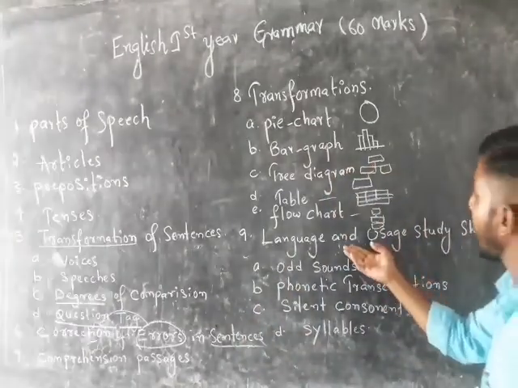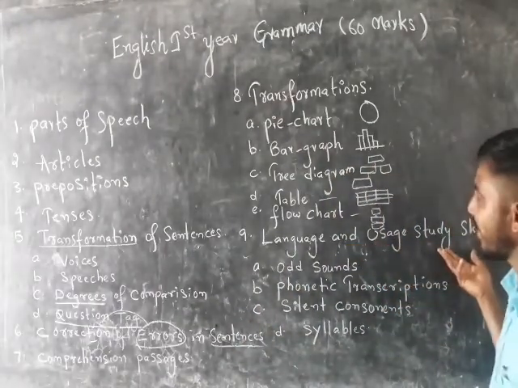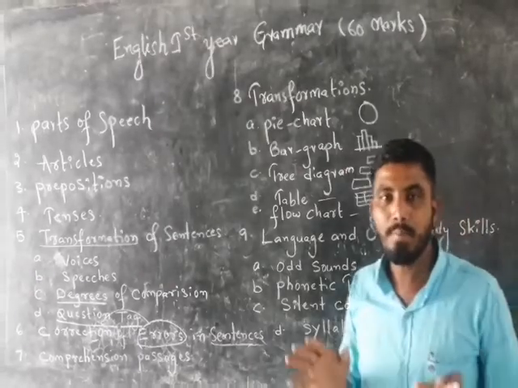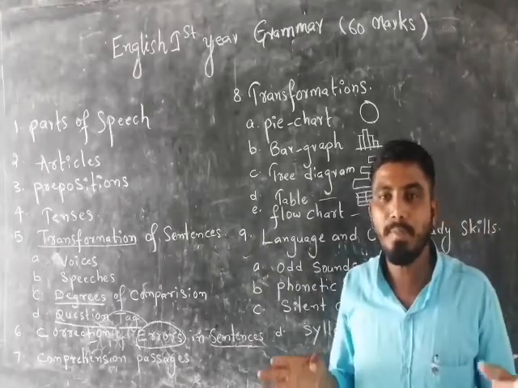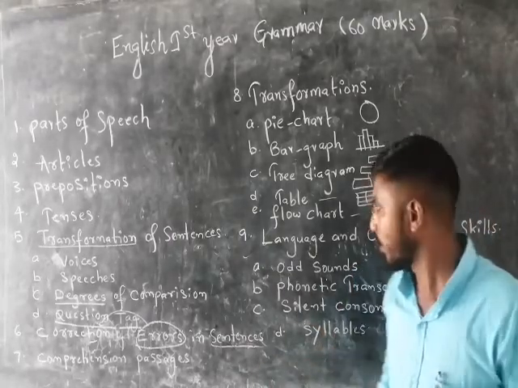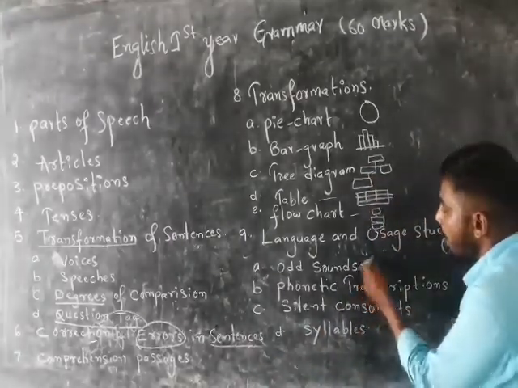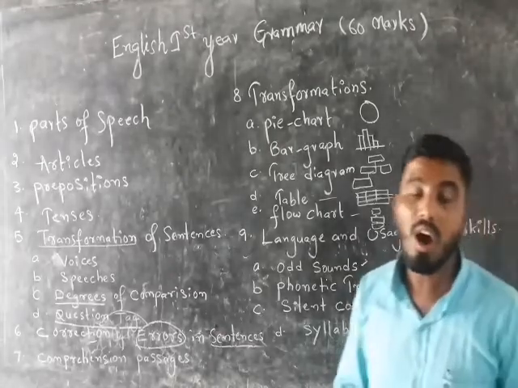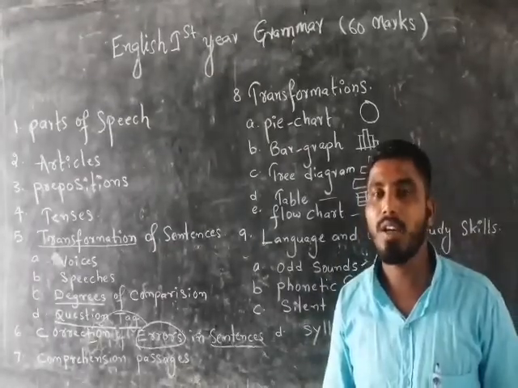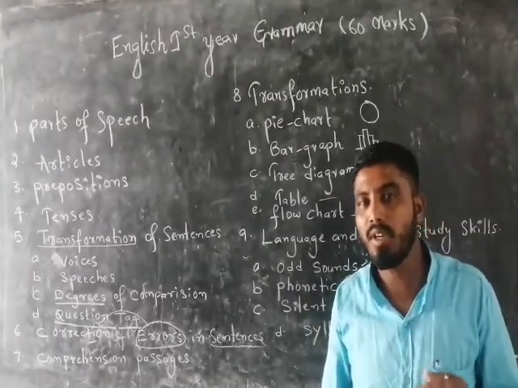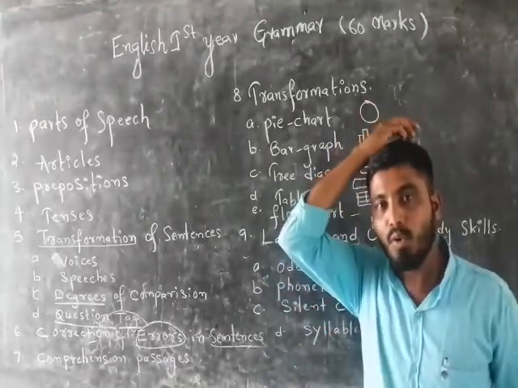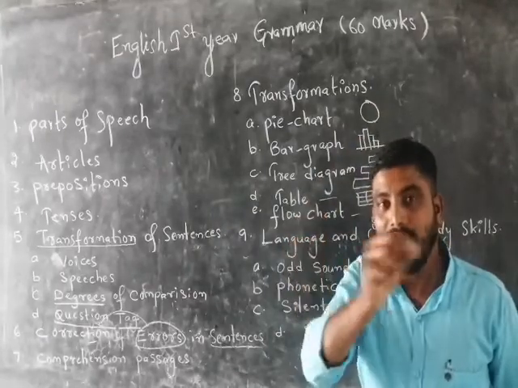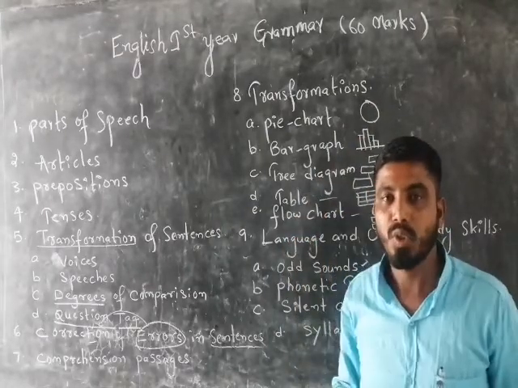Next one, language and study skills. This is the simplest part of the entire English grammar and also very easy for scoring. For example, odd sounds. While you pronounce words in the examination, they give us 4 words and underline particular letters in the words.